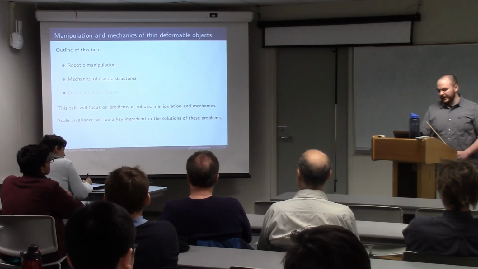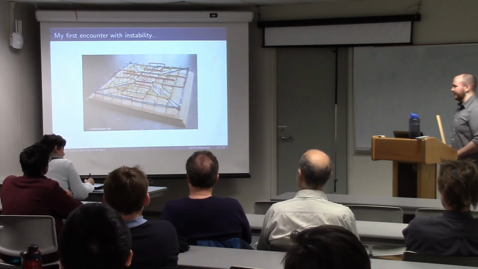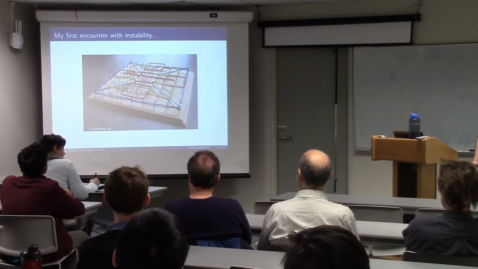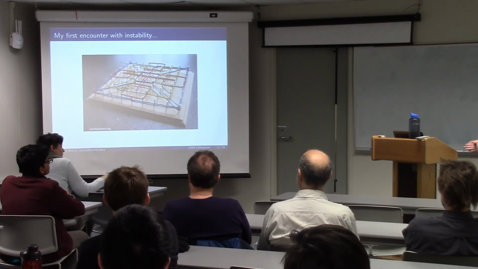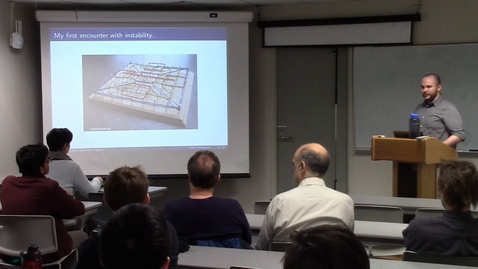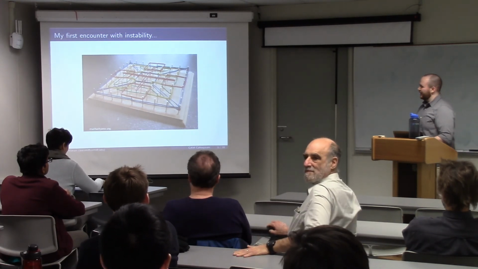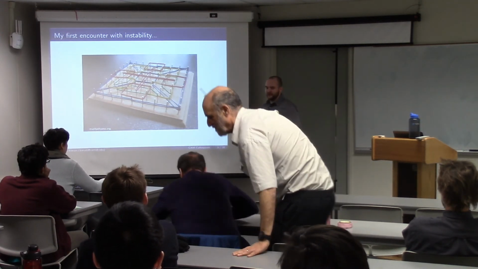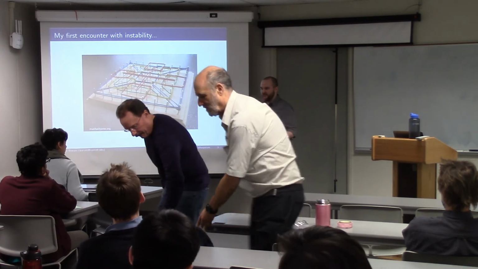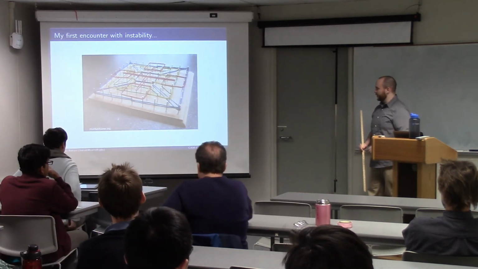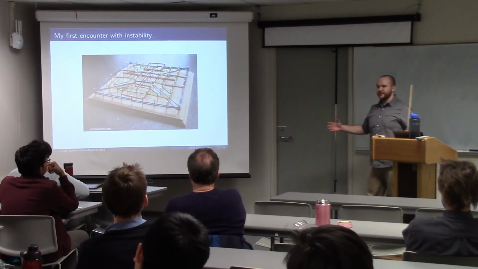Now, before I do that, there's a story I usually like to tell when I'm giving this talk. And it's about my first encounter with instability. I'm going to be talking about instability a lot today. So this story goes back to when I was in preschool. I was probably 3 or 4 years old. And we played, usually once a week, with these things. I think they're called geoboards. That's what we call them. I don't know if you all have ever seen them before, played with them. So one day, little 4-year-old Andy wanted to make a train of geoboards.